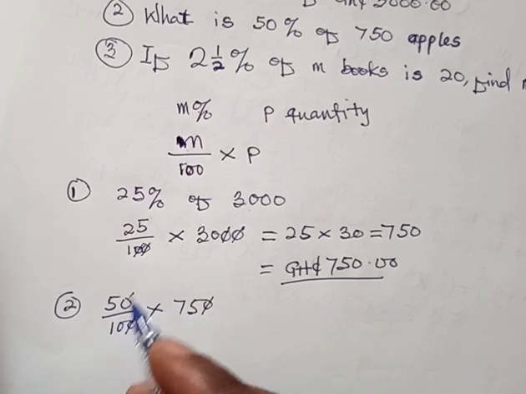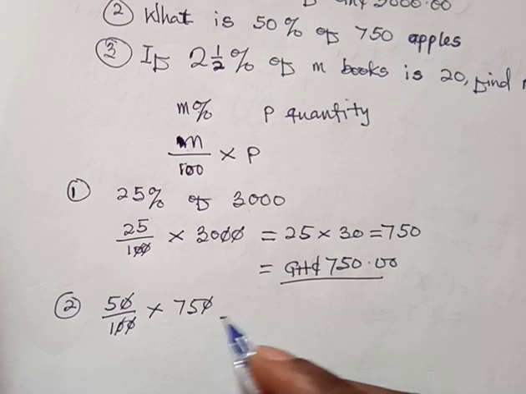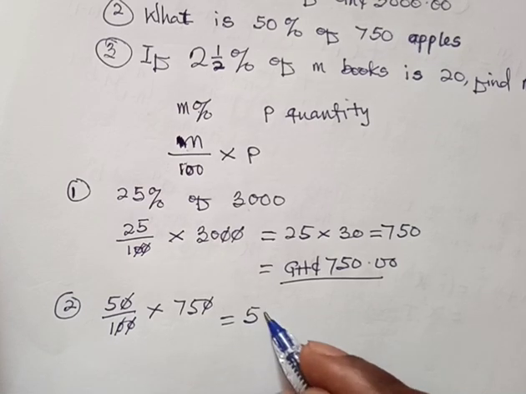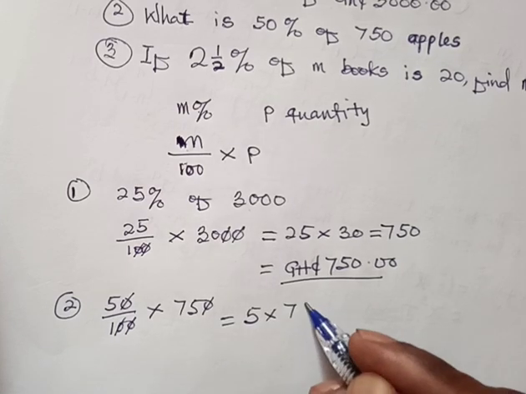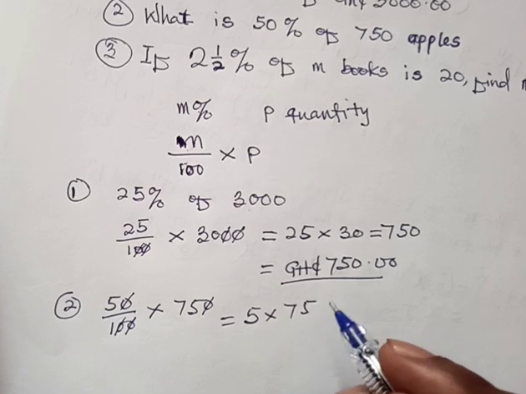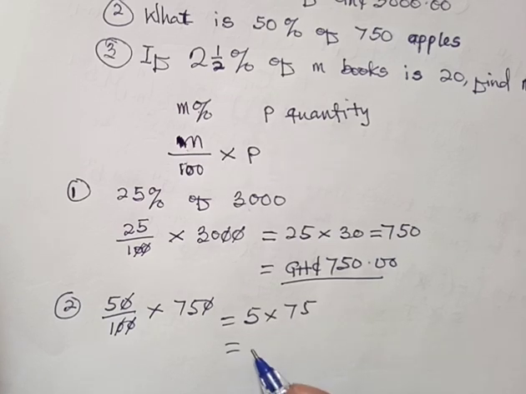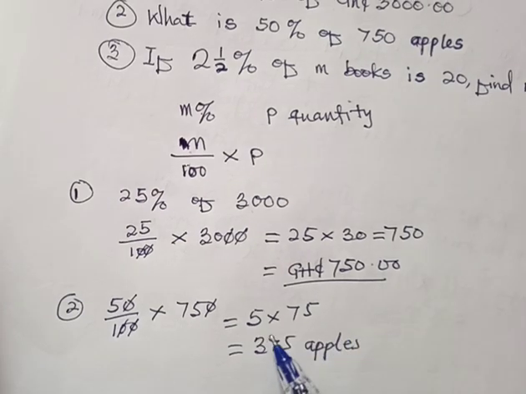We have another zero here, you can cross this here. Then we have 5 times 75. So what is 5 times 75? That gives us 375. Then we are getting apples, because we are asked to express that as 750 apples. Great.